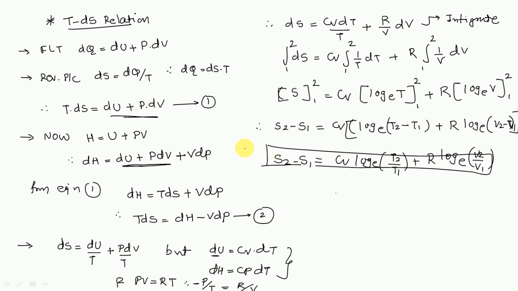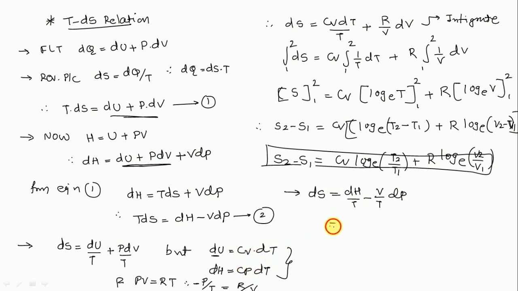Now take the second equation and try to put it over here. Here I write ds equals dH upon T minus V upon T into dP. Put the value of dH from here.